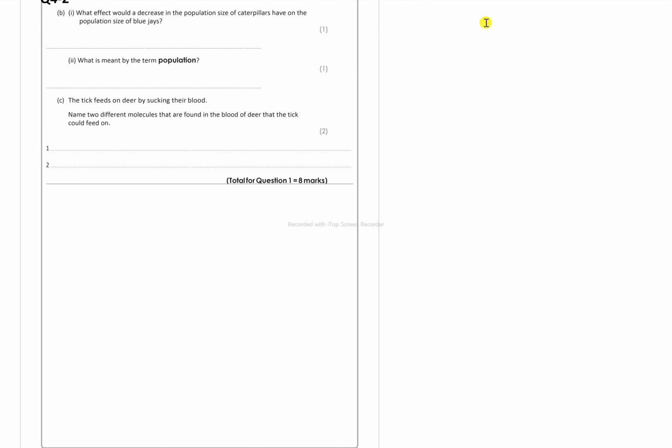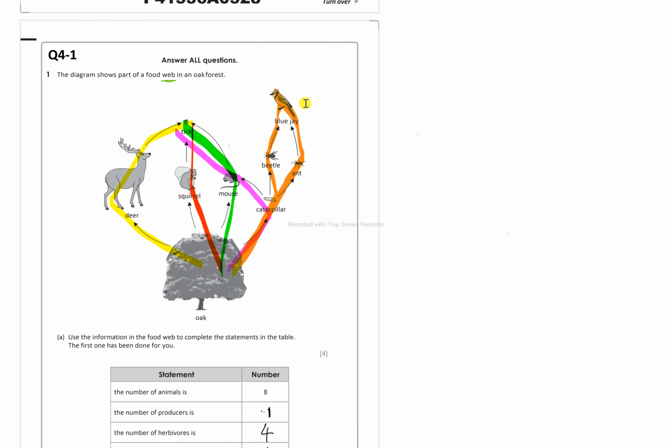Right. Here's a question which is saying, what effect would the decrease in the population size of caterpillars have on the... Right, it would decrease it because the caterpillar, if you reduce that, you reduce the beetle and the ant, and the blue jay lives off them too.